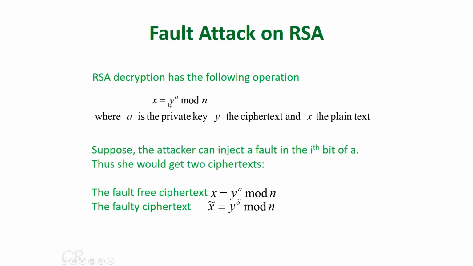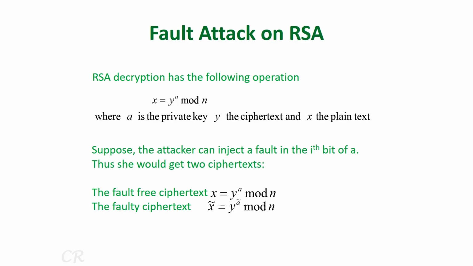Now, let us look at a very simple fault attack, where an attacker could determine one bit of A, that is one bit of the private key A. What the attacker would do is first consider a bit fault model, where during the execution of this RSA decryption, he forces one bit of A to go from 0 to 1.